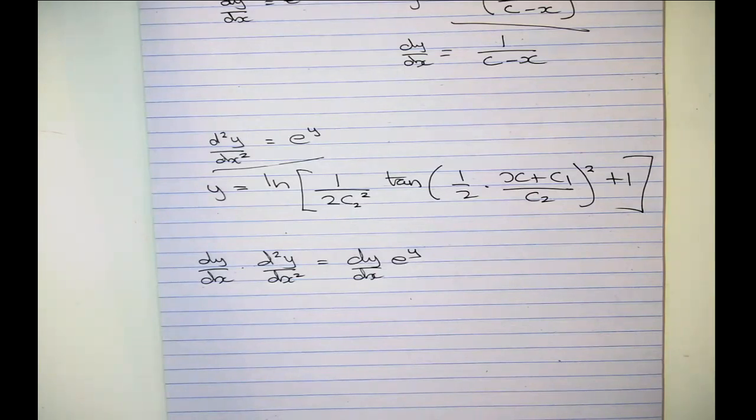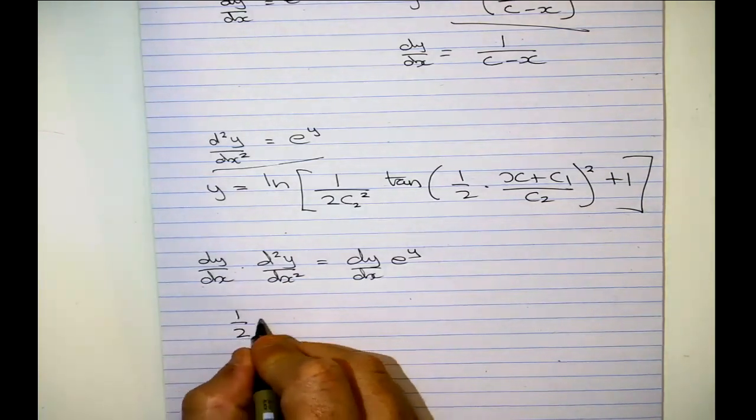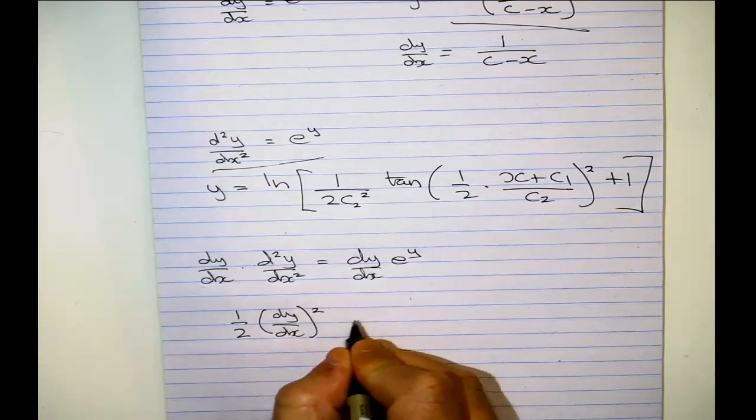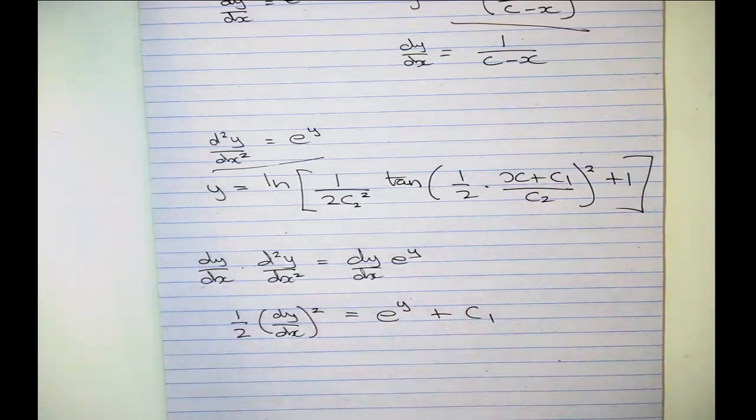So if I do that, I can actually then integrate both sides with respect to x. Because what I'll get is this. Now, why does that work?